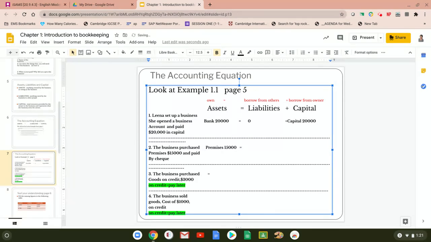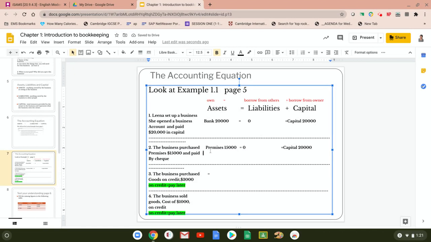Okay, when you bought this premises, where did you get the money from? Did I borrow this from others? No. Did the owner invest another or a new capital? No, so this remains fixed at 20,000.